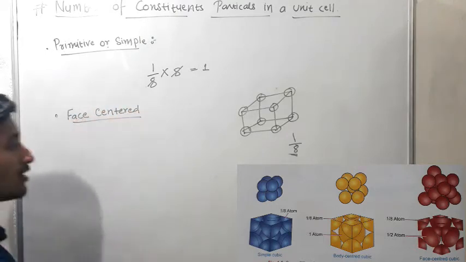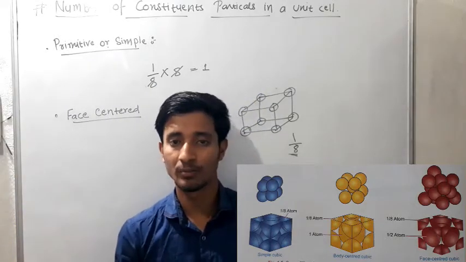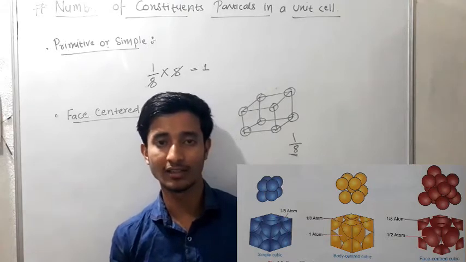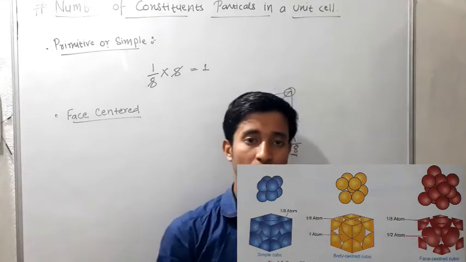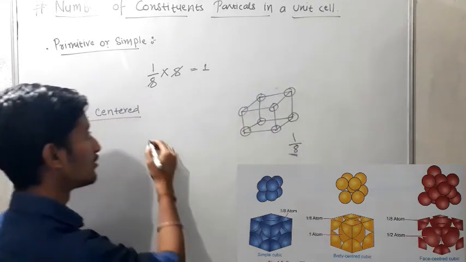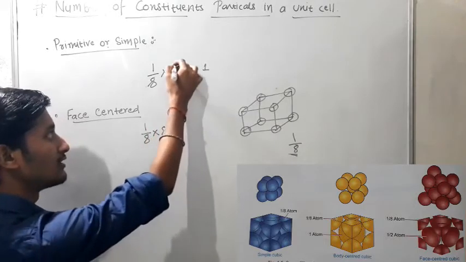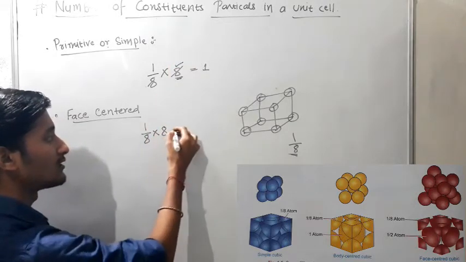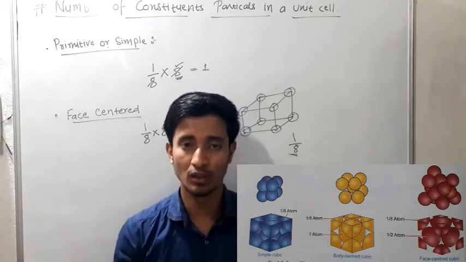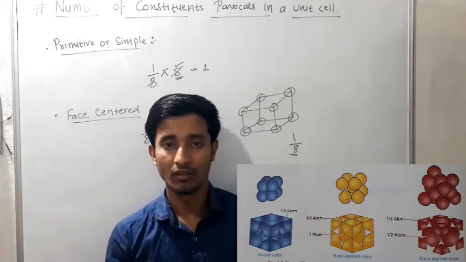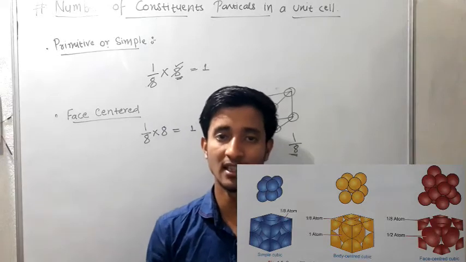Face centered. We know that in face centered the atoms are present on all the corners as well as the faces of the unit cell. So the contribution of corner is 1/8 and the number of particles is 8. The contribution of face: the atoms or constituent particles present in a face are equally shared by 2 adjacent unit cells.